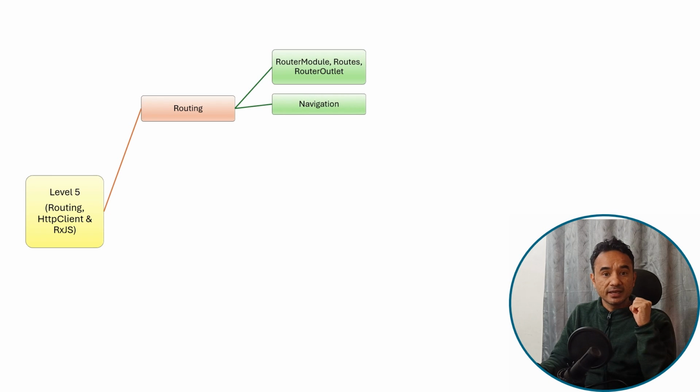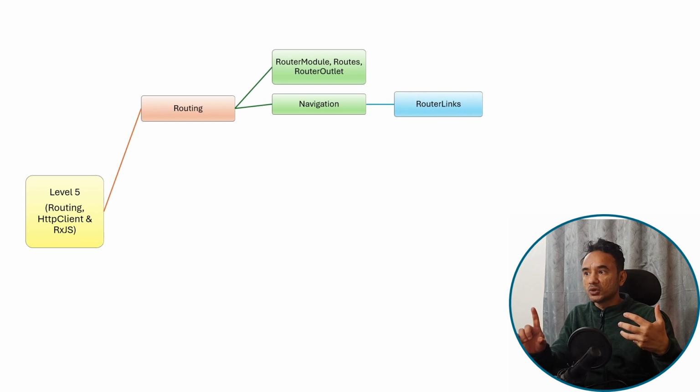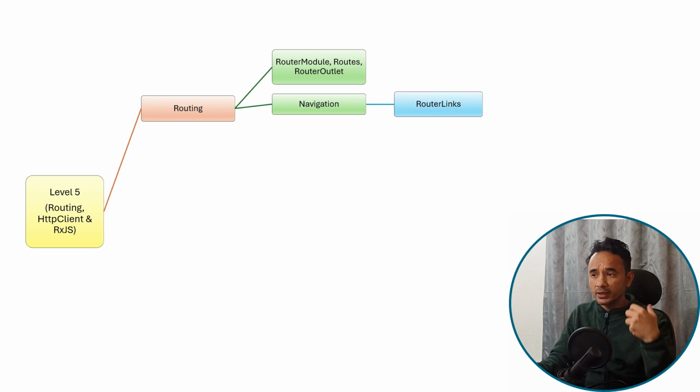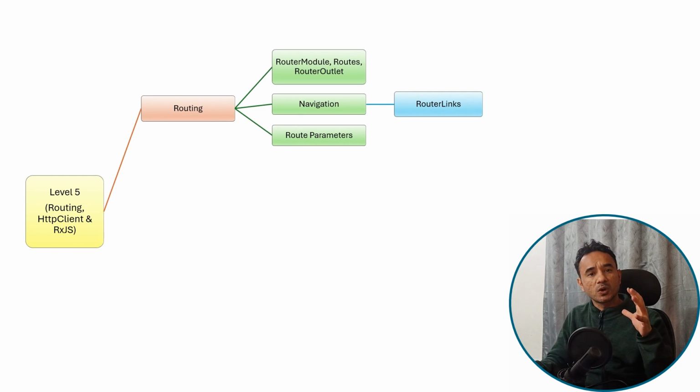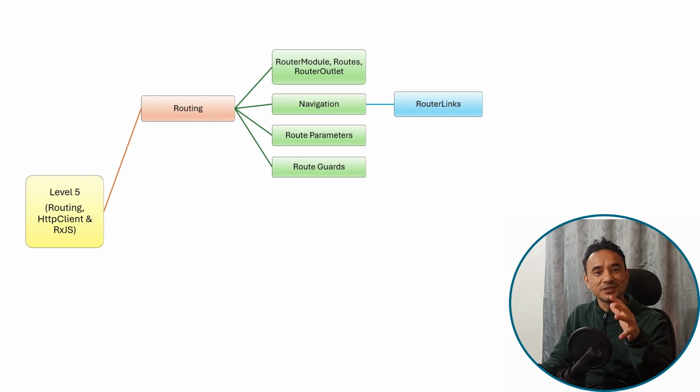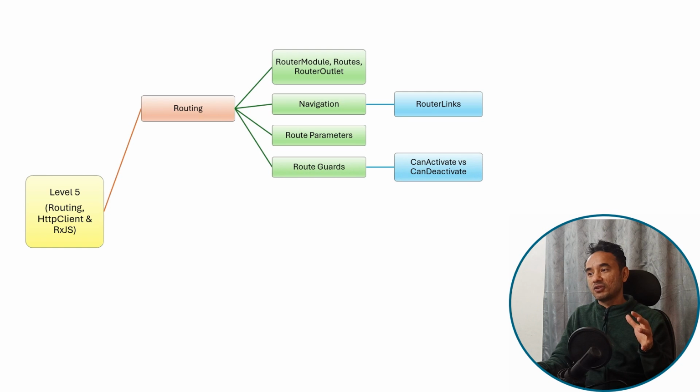Okay, and then how to link the components or perform the navigations with router links. Okay, also explore route parameters and route guards like canActivate versus canDeactivate to protect the routes based on your permissions.